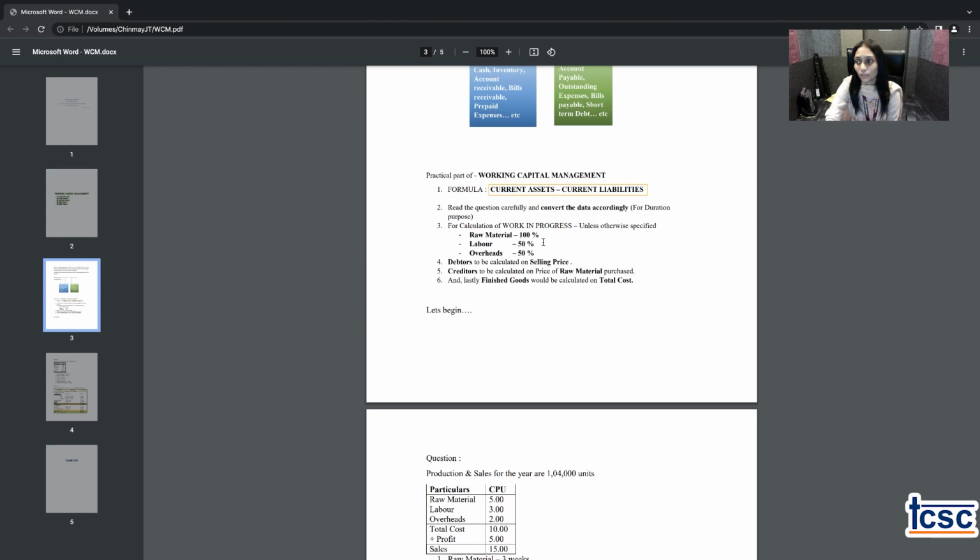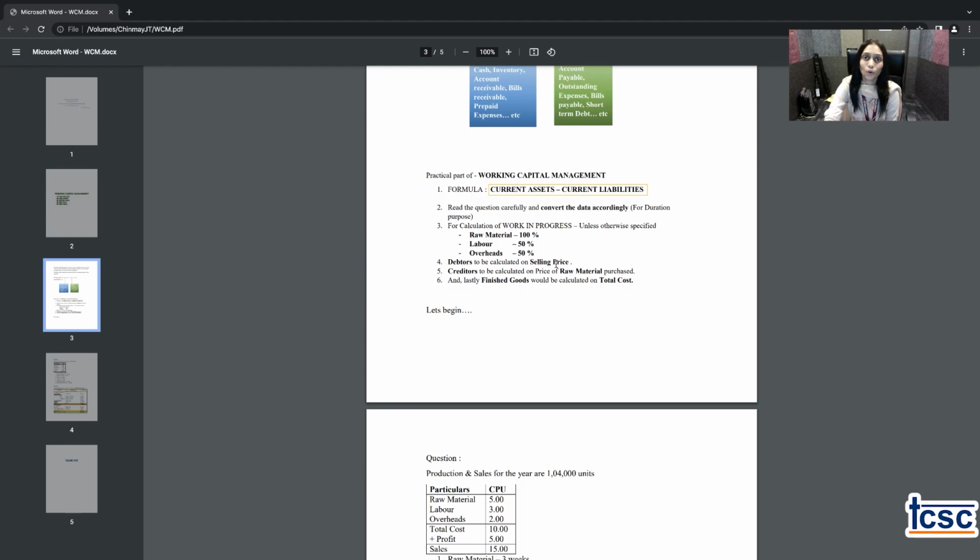If there is any concept of cash sales or cash purchases, you need to exclude those figures or amounts. Debtors would always be calculated on the selling price, whereas creditors would always be calculated on the raw material purchase price. We sell goods to debtors, and that is why selling price is applicable whenever you are calculating debtors.